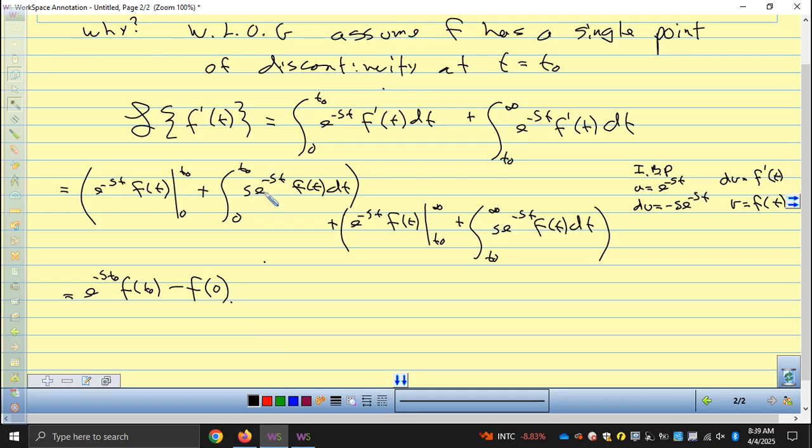And I get a plus this integral from 0 to t0. I'm going to set that here at the end. So we get a plus s integral from 0 to t0 of e to the minus st f of t dt. So this one's going here.